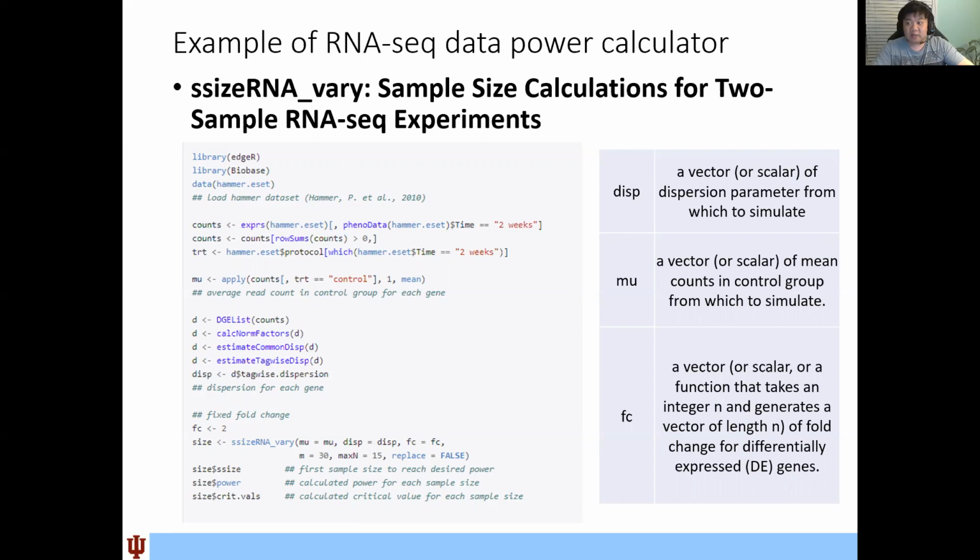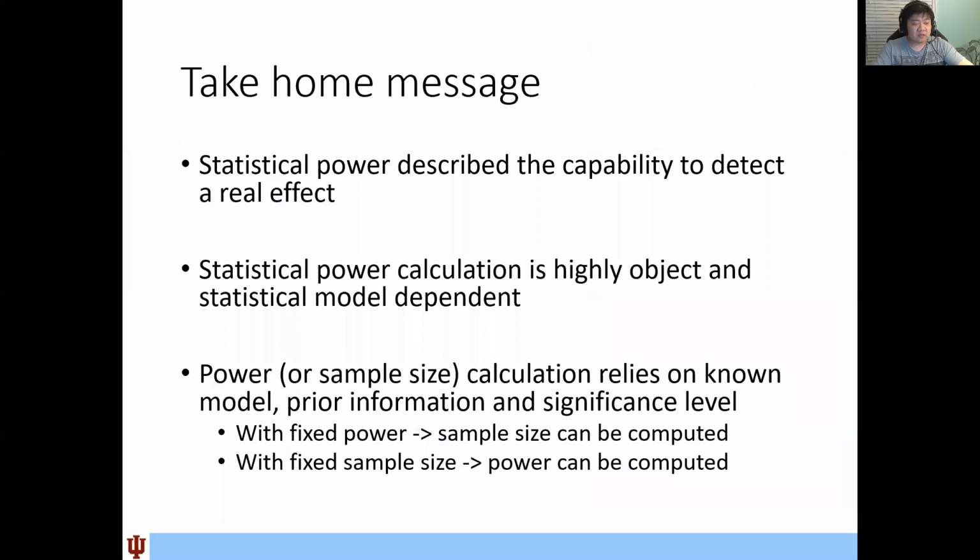One thing I would like to talk about here is that, knowing how the power is computed, the statistical power describes the capability to detect a real effect, which is highly object and statistical model dependent. The power calculation relies on the known model, prior information, and significance level. With this information fixed, and with fixed power, we can compute the sample size, and with fixed sample size, we can compute power.